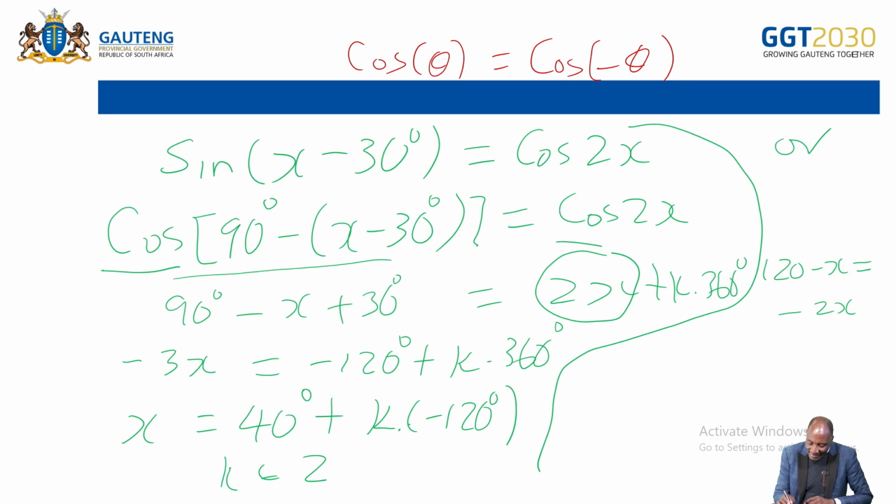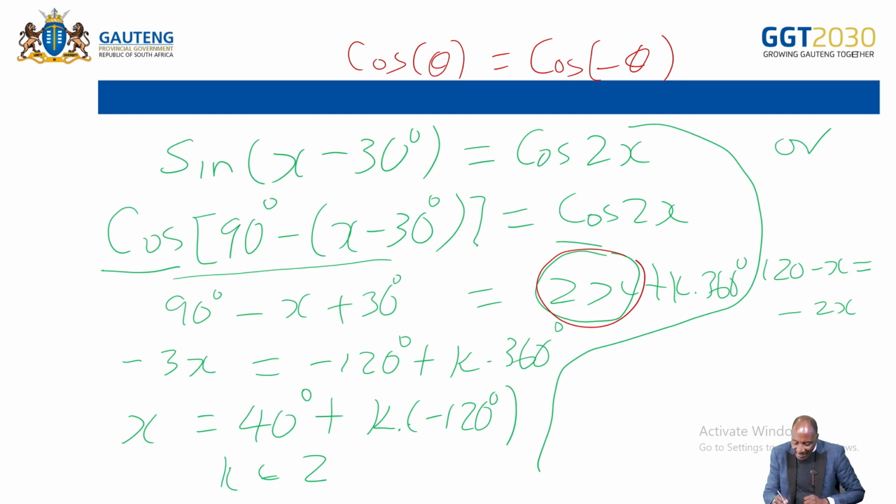Right, so my angle is 2x. 2x will now be represented by negative 2x, in as much as theta is represented by negative theta. When you are using cosine, the result is the same. So I now have 120 minus x is equal to negative 2x. Then I solve for x.